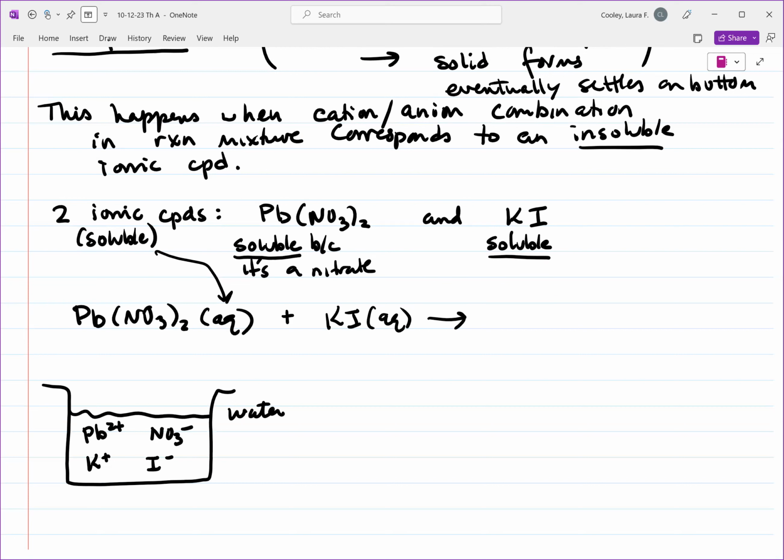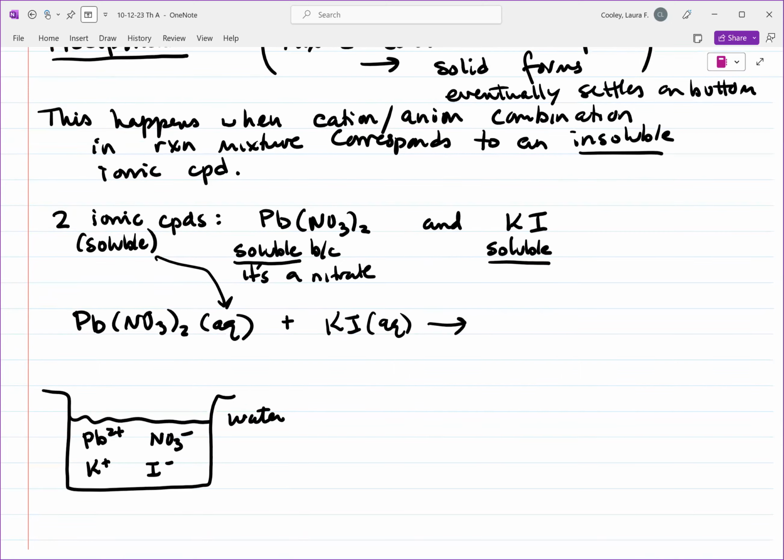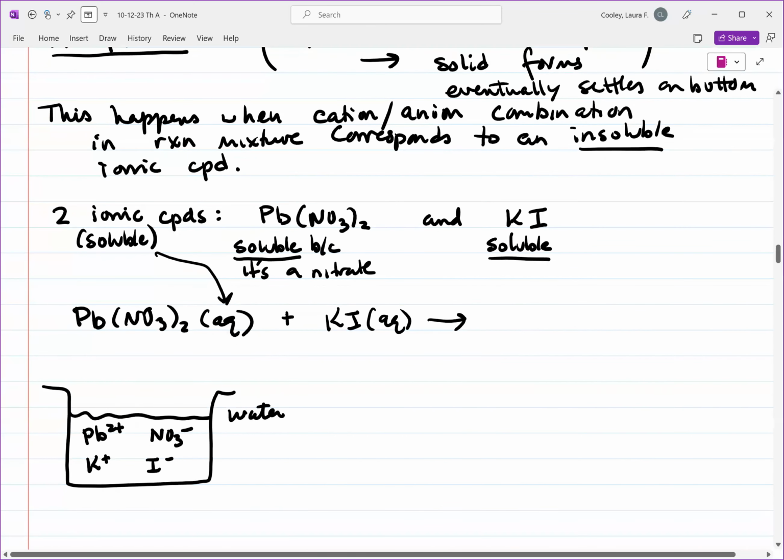So now, read the top line. Precipitation. This happens when a cation-anion combination in the reaction mixture, this is the reaction mixture, okay, corresponds to an insoluble ionic compound. So is there any combination of cation and anion? Remember, cations plus, anions minus.